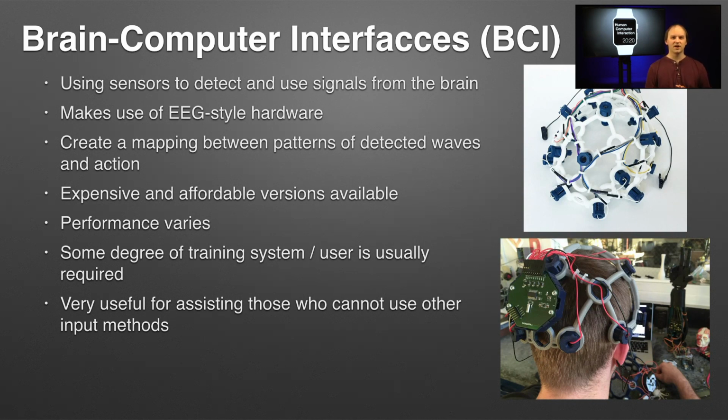So this does require a little bit of training, both on the user side and the system side, to map those things. But it's definitely something that has a robust effect, definitely for simple things like moving a cursor or a pointer. And it's really powerful when you think about what that can do for somebody who doesn't have the ability to physically move a cursor or type.